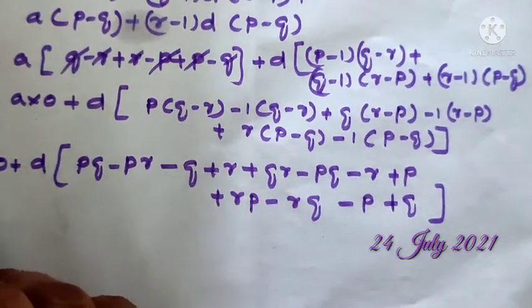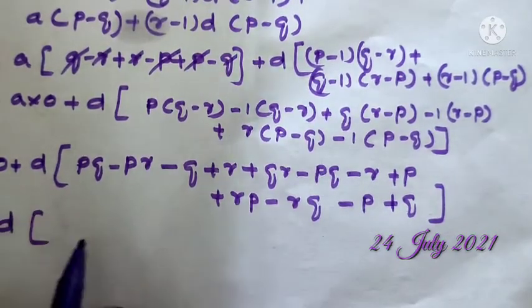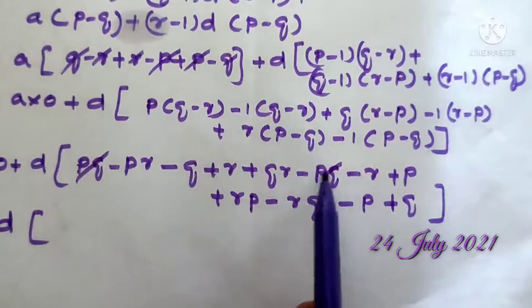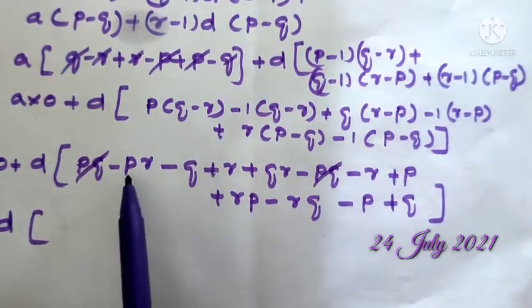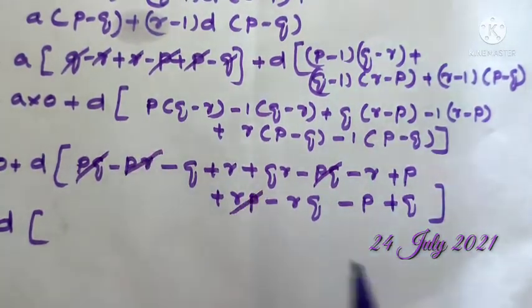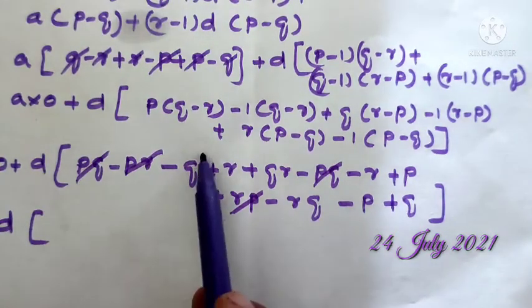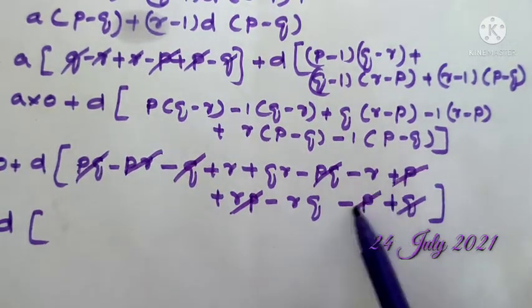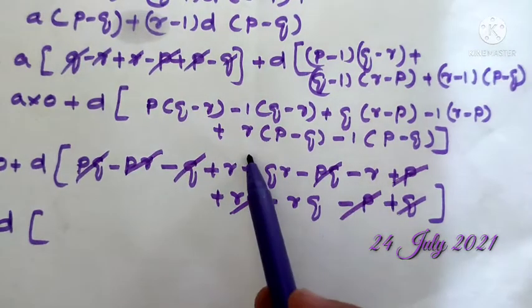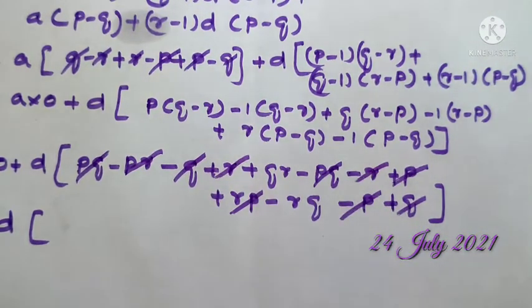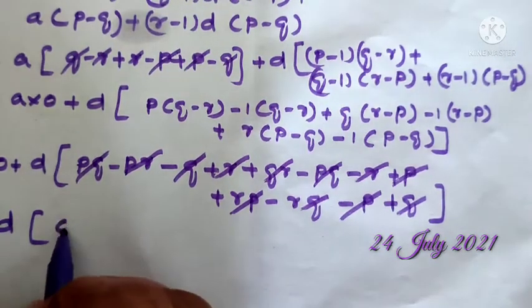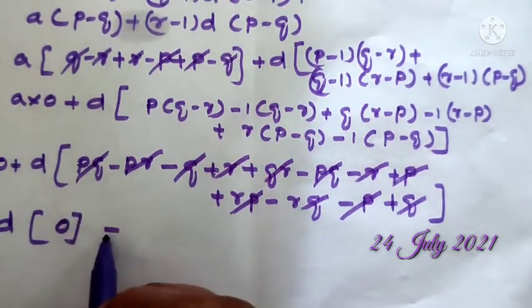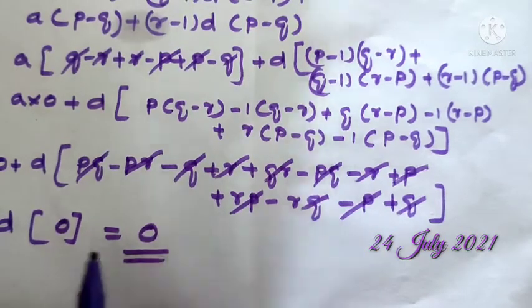Check one by one now. D into pq and minus pq, minus pr plus pr, minus q plus q, plus p minus p, plus r minus r, qr and minus qr. So all the terms are cancelled. So it is equal to 0.